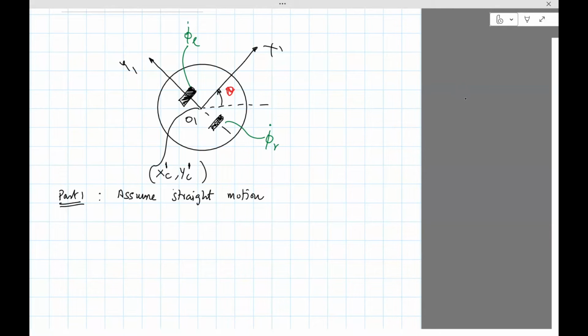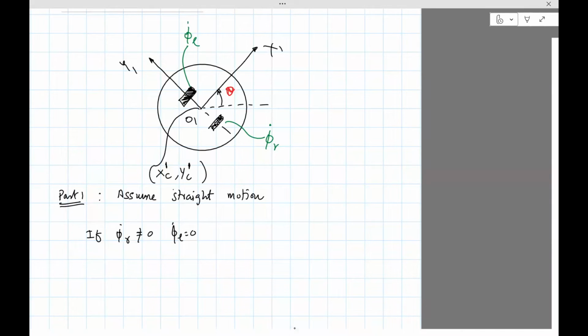So in order to derive this part, what we'll do is, if phi dot r is not equal to 0 and phi dot l is equal to 0, phi dot r being the speed of the right wheel, we'll see that the wheel will actually move straight, right?